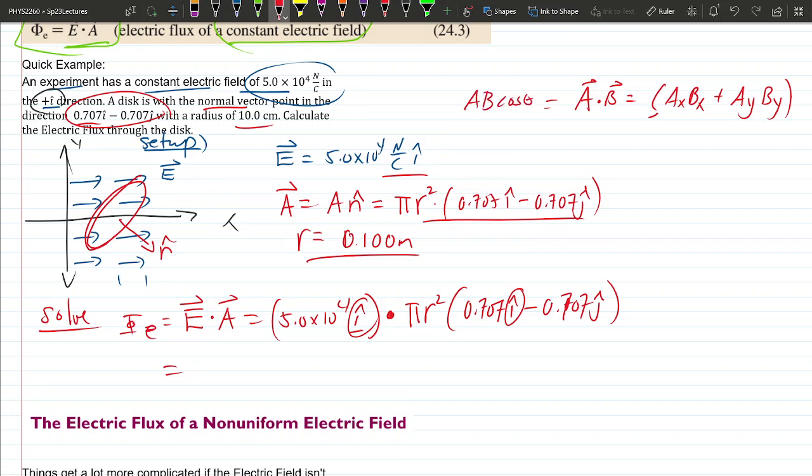If you were given the angle then I would do it that way. But since I'm giving this in component form, I would just compute the components. Whichever way is easier, you want to do it that way. You don't want to do a lot of conversions between components and direction and angle form. So in this case, this is the x component, this is the x component, so that's what we're going to be multiplying together.